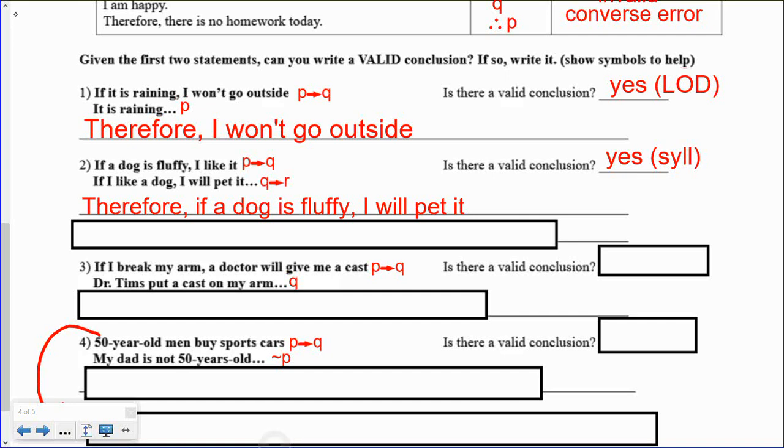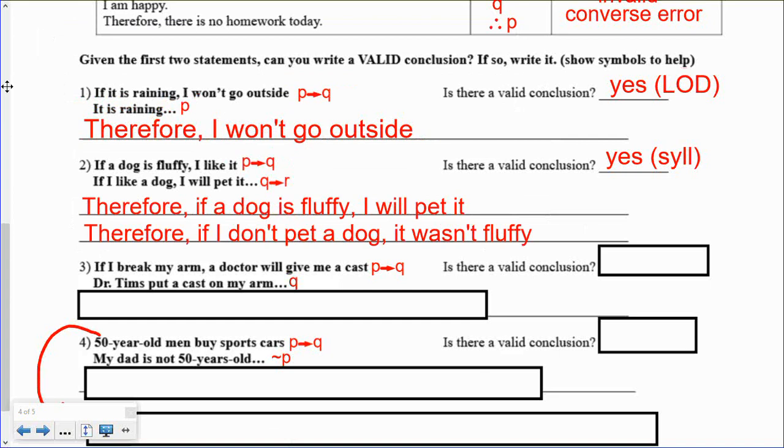Alright. Now that's the traditional way. Now we talked about twice already that there is another way that you could write the conclusion. You can use the contrapositive instead. So instead of writing, therefore, if a dog is fluffy, I will pet it, you can use the contrapositive of that, which would be what? Therefore, if I will not pet a dog, then it's not fluffy.